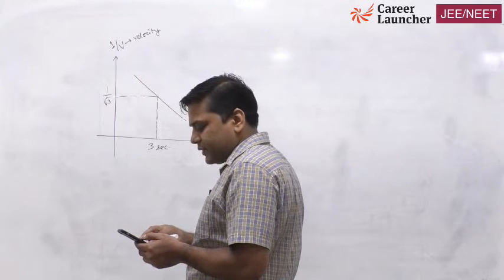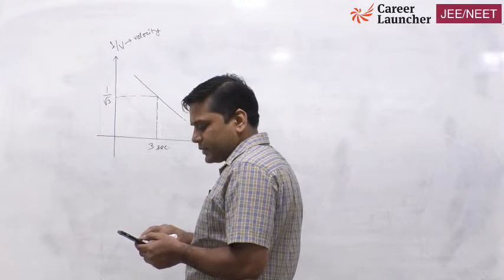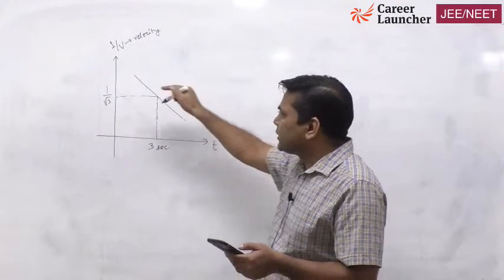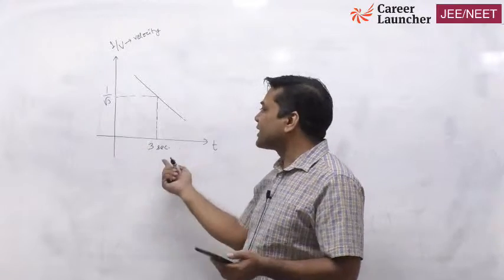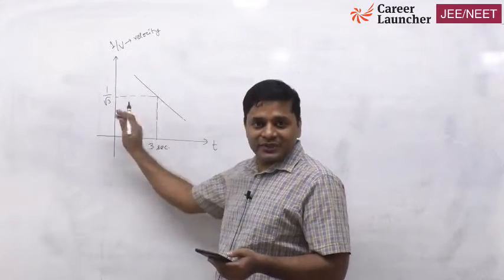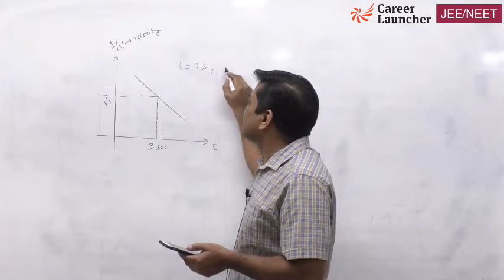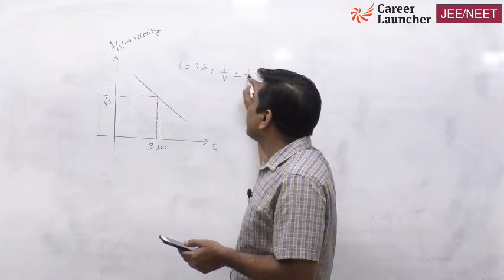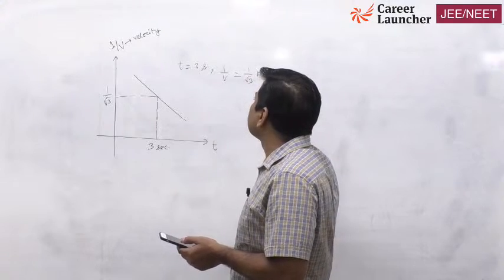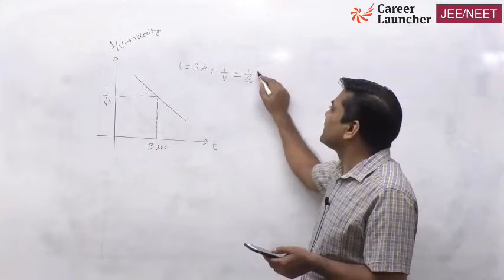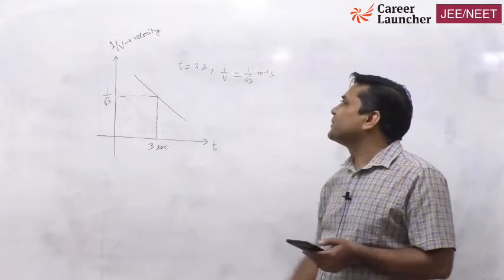Using the data given in this graph, only one data is given: at 3 seconds, 1 by v is 1 by root 3. Sorry, this is inverse, so the unit is per meter second, like this.